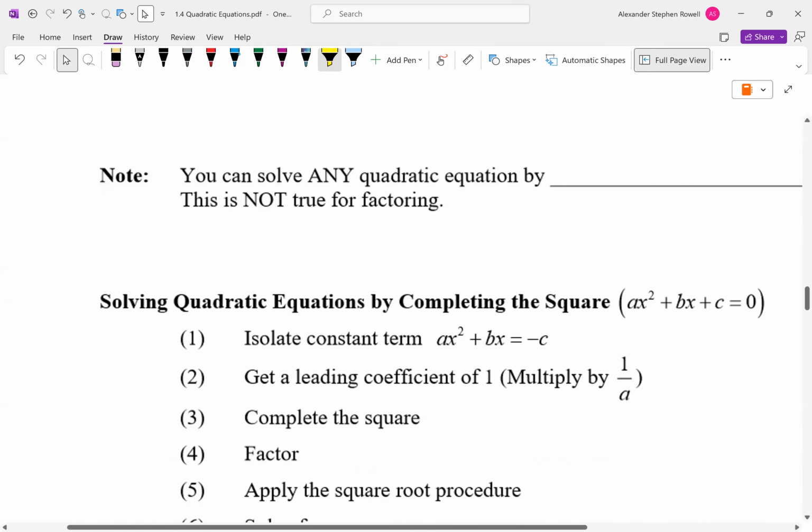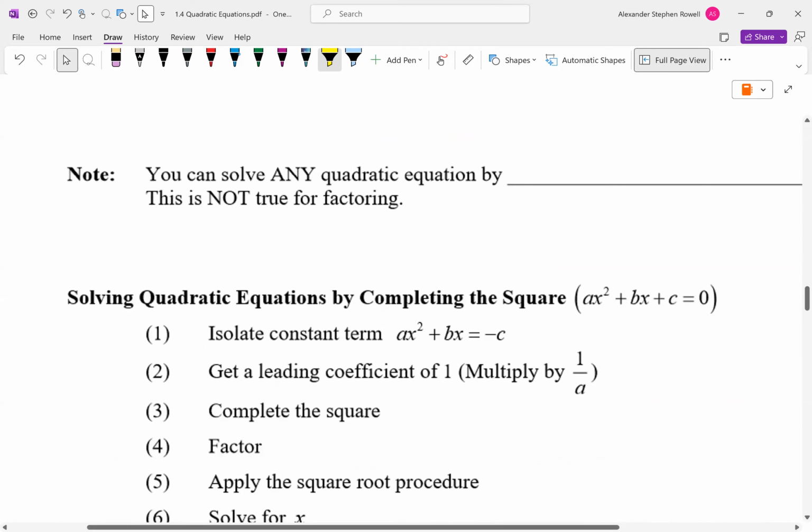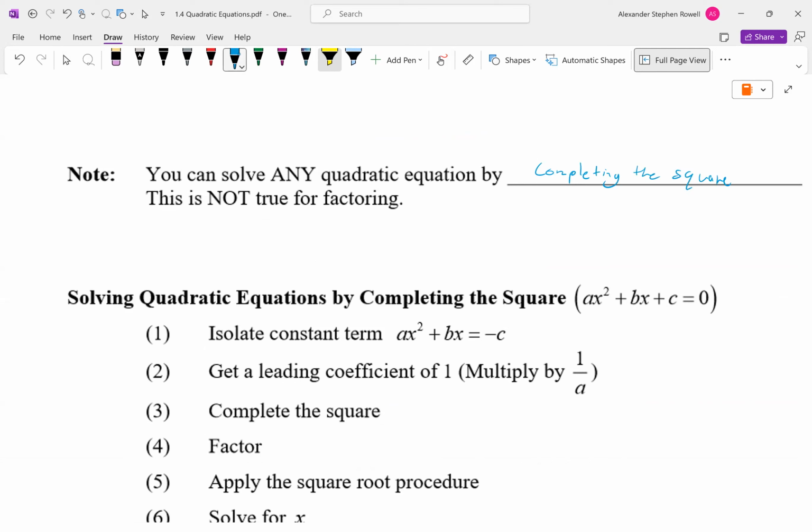Okay, so you can solve any quadratic equation by completing the square. And that's not true for factoring. Not all quadratics are factorable. In fact, most aren't. If you make up random numbers, more than likely, it's not factorable.